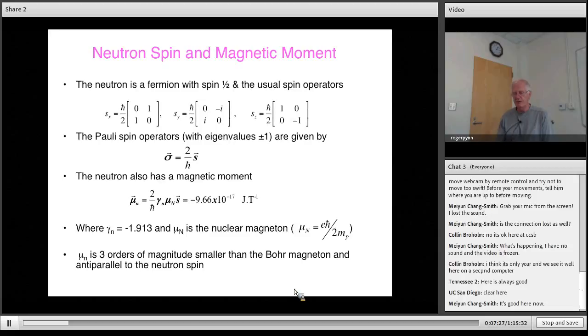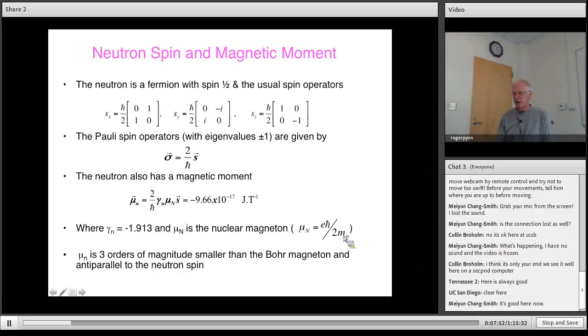The neutron's magnetic moment is a lot smaller than the typical magnetic moments that you think about with an electron. Here you can see the magnetic moment, which is some number times the nuclear magneton, and the nuclear magneton is e h-bar over 2 times the mass of the proton.